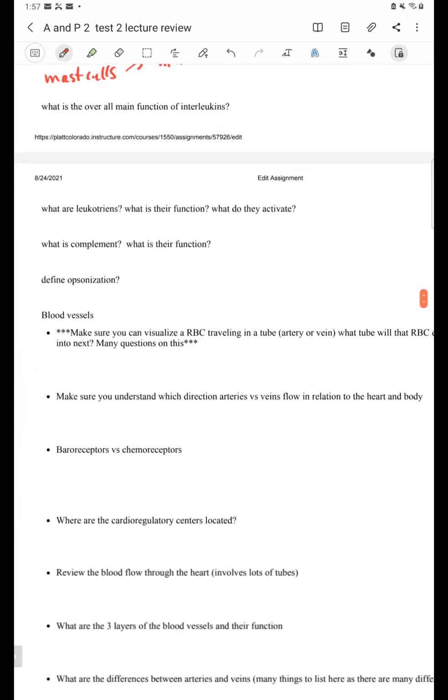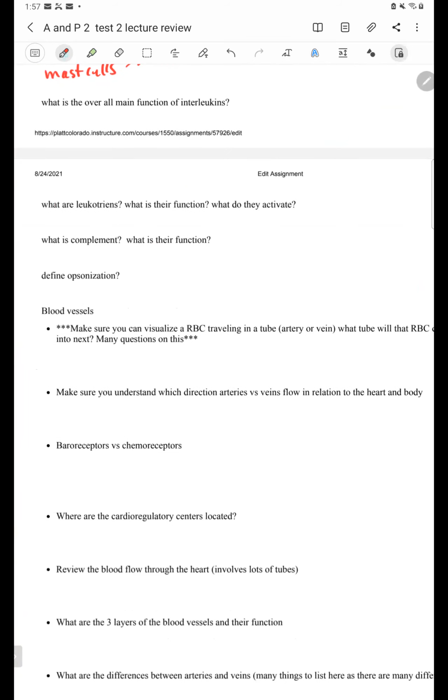Okay, leukotrienes. Leuko means white. Trienes means 3 double bonds. That's where they get the name from. Part of their function is to help with the inflammatory response.